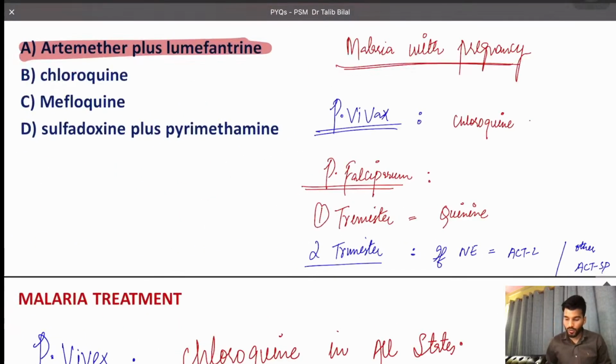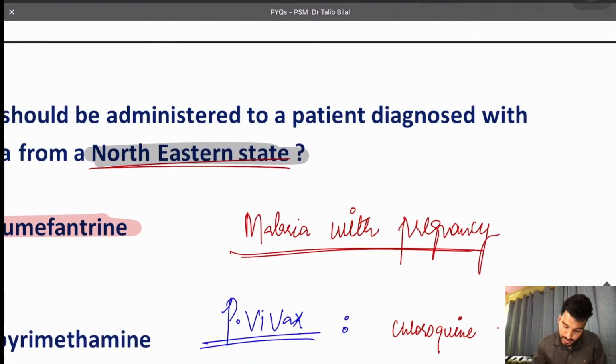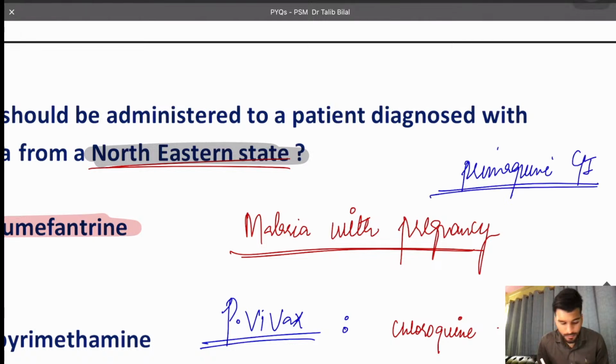Now that you already know what exactly is ACTL, artemether and lumefantrine, and there is artesunate and sulfadoxine. Remember, my dear students, primaquine is contraindicated in pregnancy. Then for the prophylaxis, you also give mefloquine as a drug.